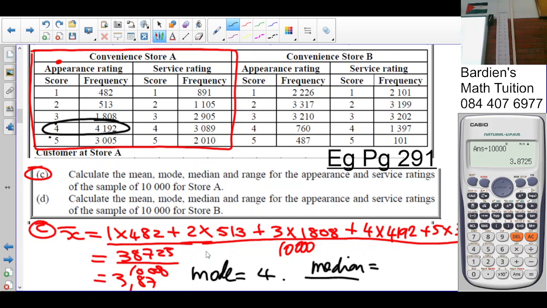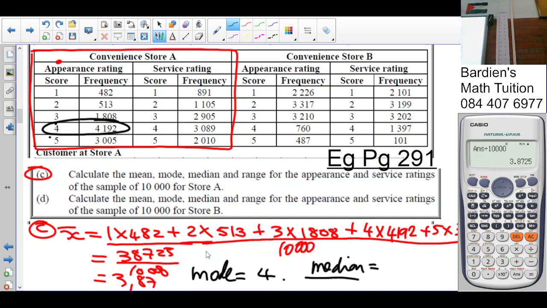Now how many numbers are here? 5. Now how many people? 10,000. We got 10,000 people sitting. Not so? So the middle person of 10,000 will be what? The person standing at 5,000. Is there 1 or 2 numbers in the middle? 2.